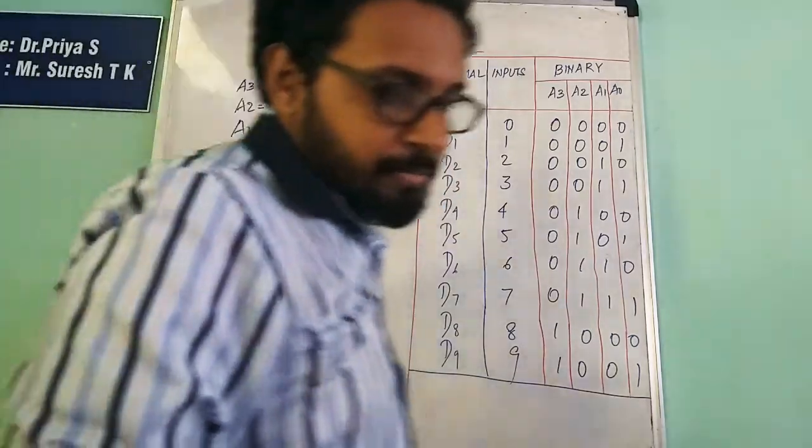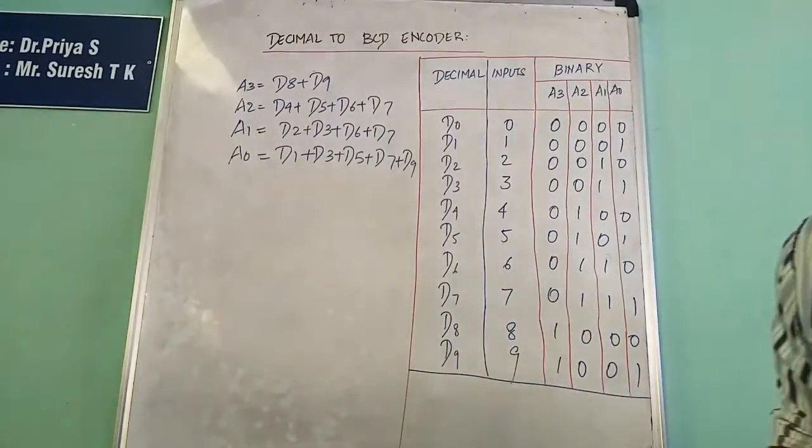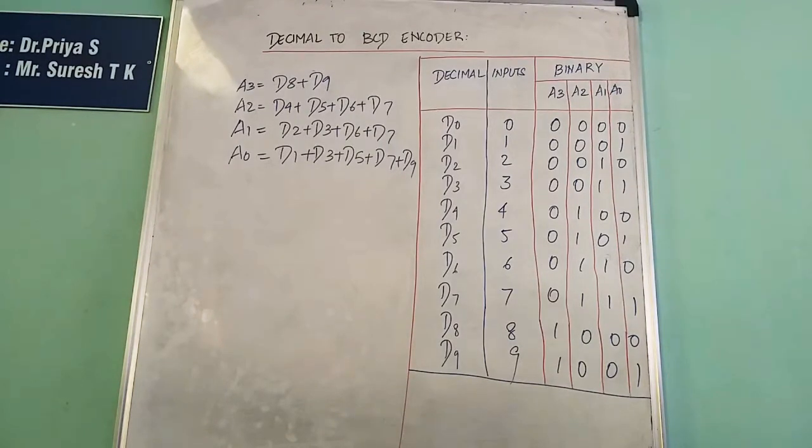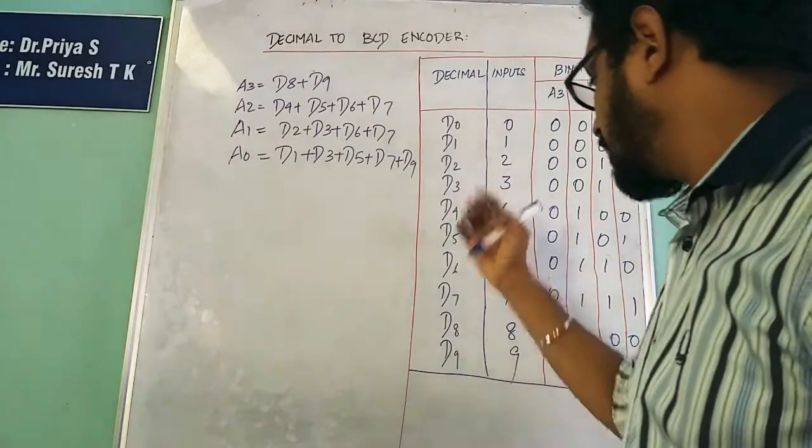Let me check the values: 8, 9; 4, 5, 6, 7; 2, 3, 6, 7; 3, 5, 7, 9. Okay?